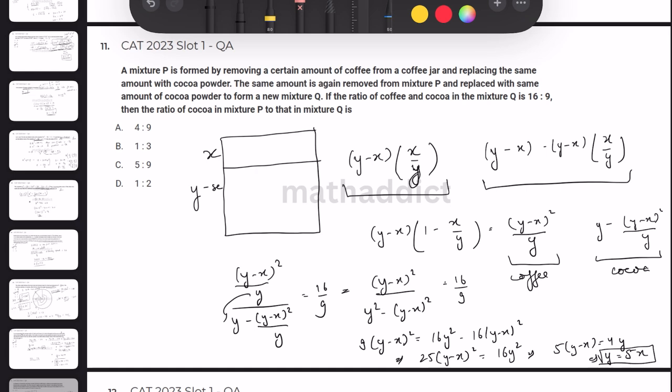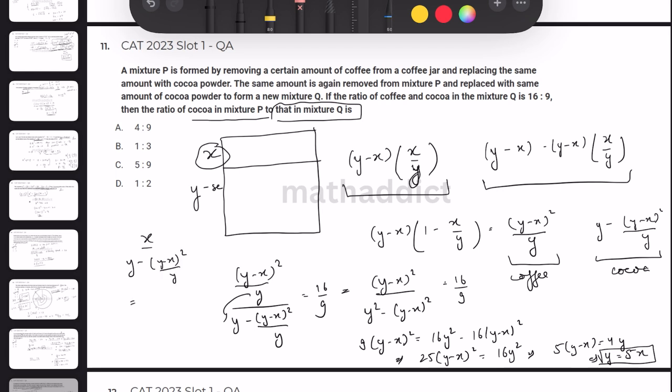Ratio of cocoa in mixture P. So cocoa in mixture P is x upon the cocoa in mixture Q, which is (y minus x) squared by y.